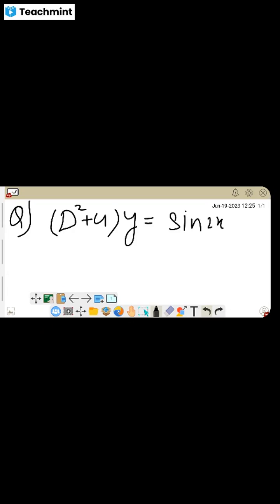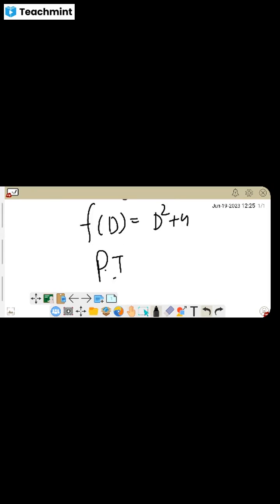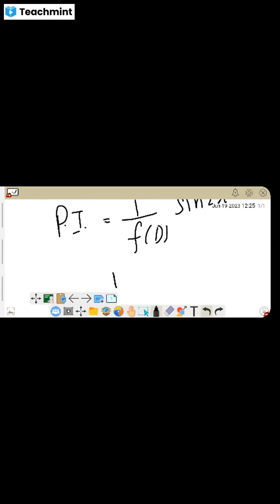Here we have f(D) equal to D square plus 4, and y is equal to 1 upon f(D) of sine 2x. We need to put f(D) as 1 upon D square plus 4 into sine 2x.